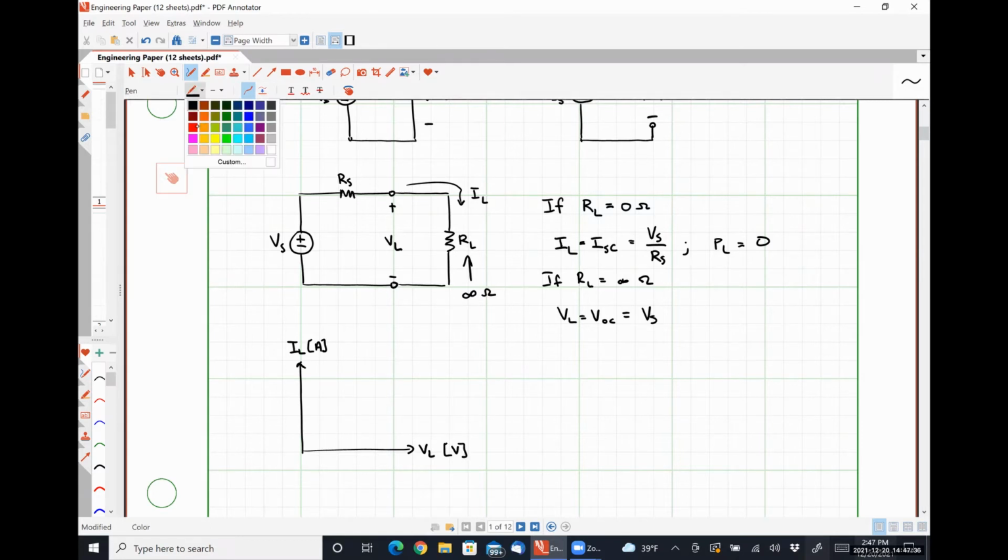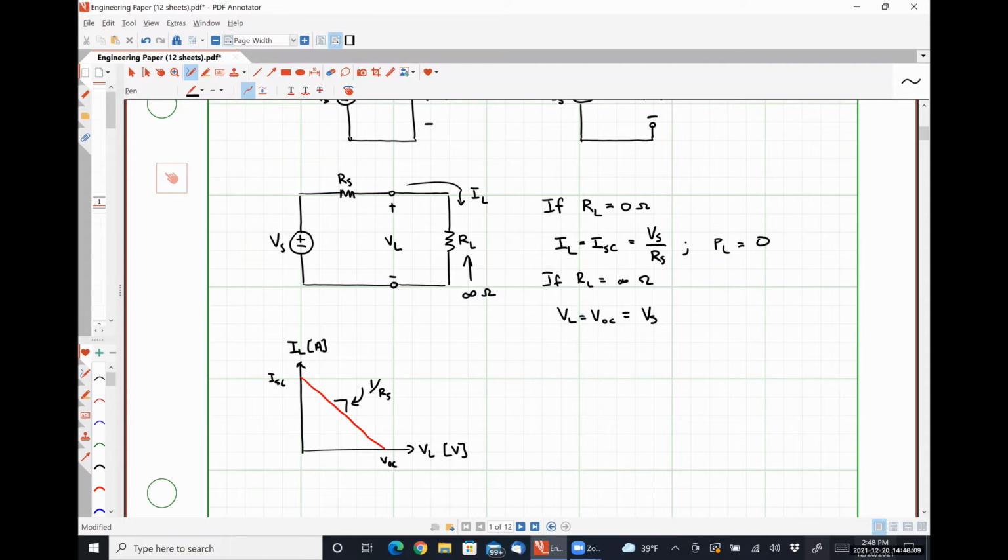And it's going to look something like this. This is our short circuit current. This is our open circuit voltage. And the slope here is 1 over our source resistance of RS.